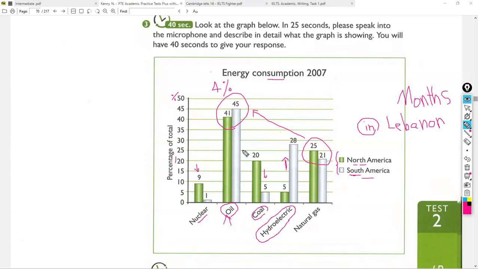We notice that North America, depending on oil, is a little lower than South America in consuming oil as a source of energy. Okay, so this is it. Please be careful. This graph is not that hard. It is easy. So the most important thing, Ali, is that I have to fully understand the graph.